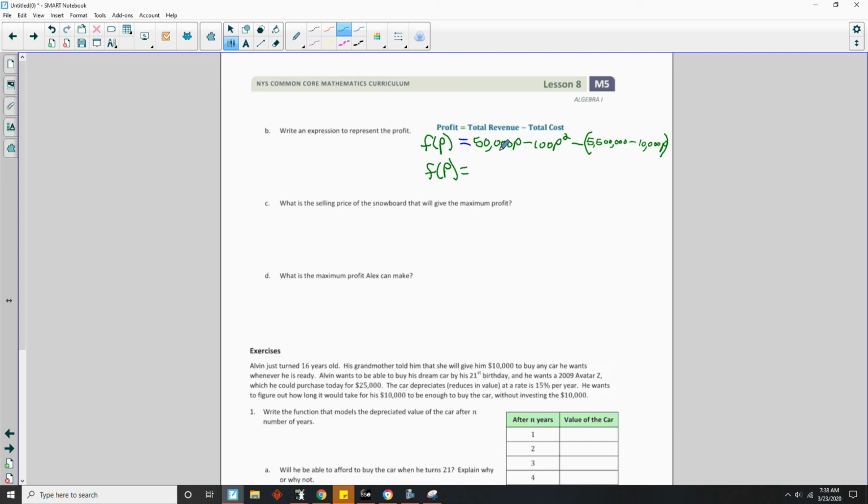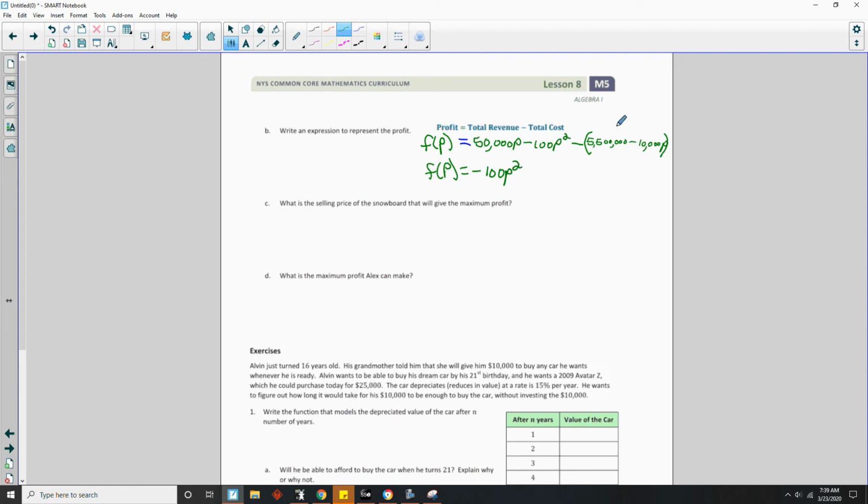Well, we have 500,000p minus 100p squared minus 5,500,000. Okay, and I want to put this in standard form, a quadratic. So I'm going to put my p squared first. So it's going to be negative 100p squared.